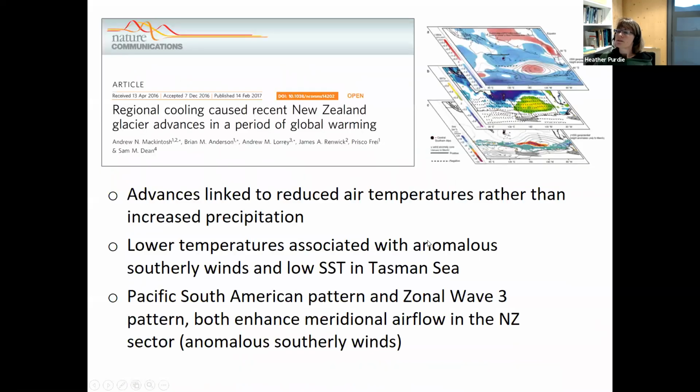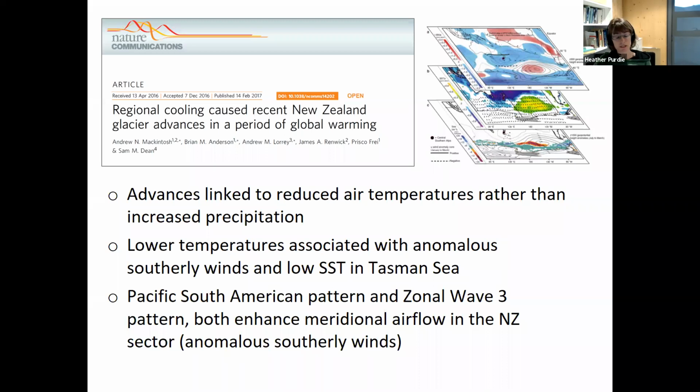Of course, the reason for those advances creates a lot of interest, and there is some nice work by colleagues Dr. Andrew McIntosh, Brian Anderson, and some others. They undertook an energy balance modelling study to look at the drivers of those more recent advances, to see whether temperature or precipitation is a key driver for these advance phases.